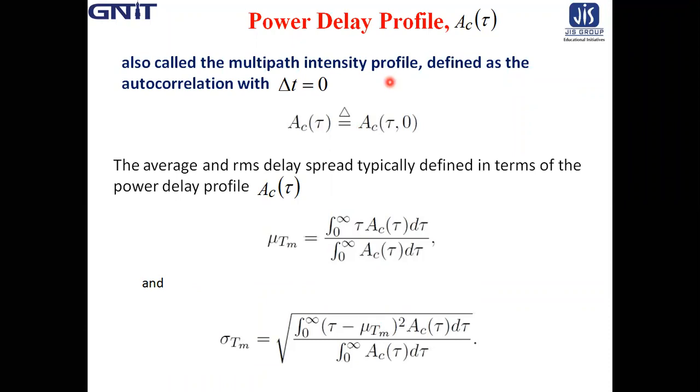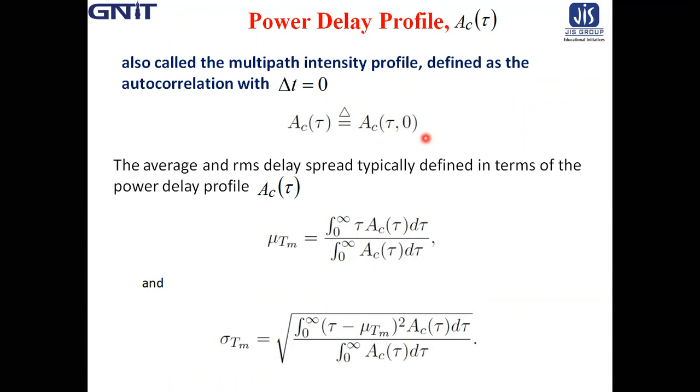It is defined as the autocorrelation function with delta t equal to 0, that is A_c(tau, 0). By putting delta t equal to 0 in the autocorrelation function, we get the power delay profile.